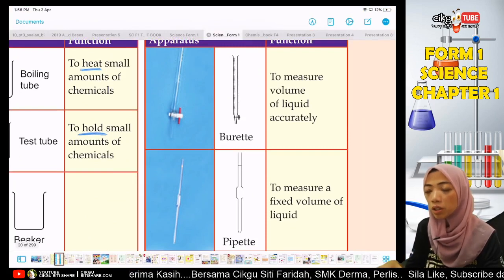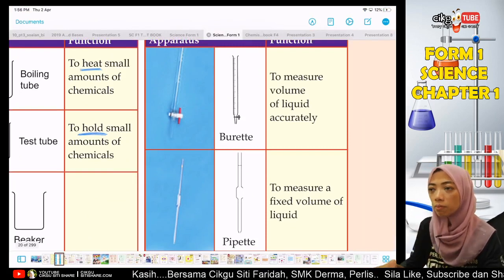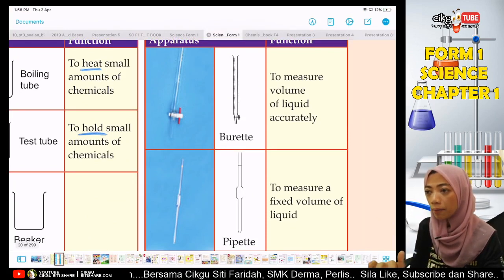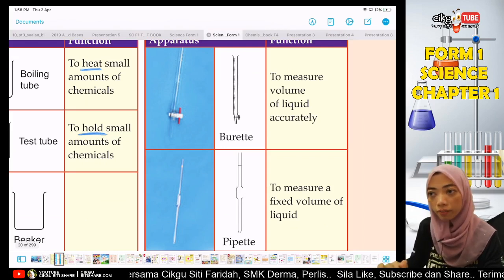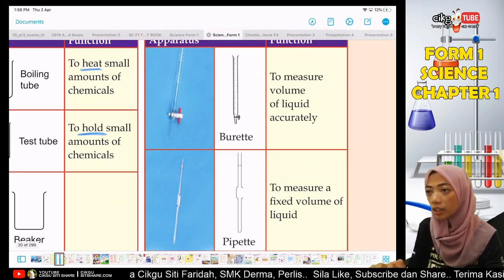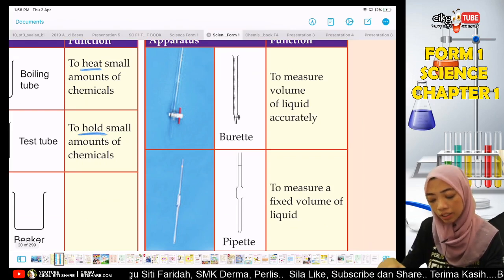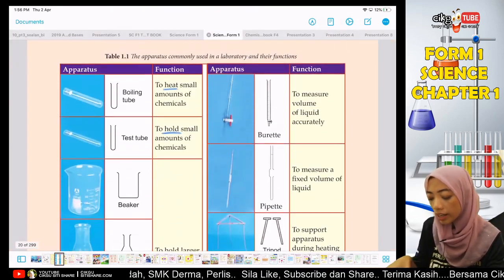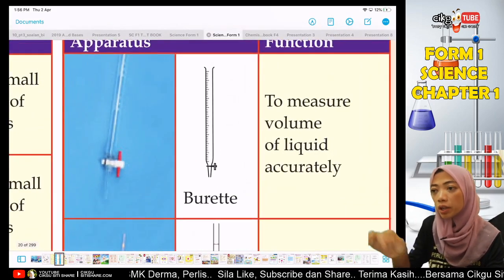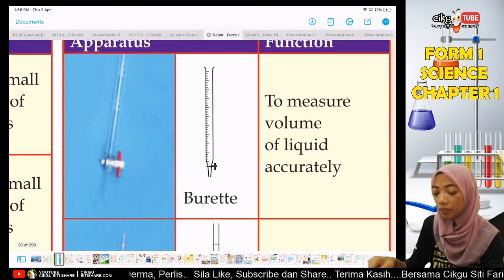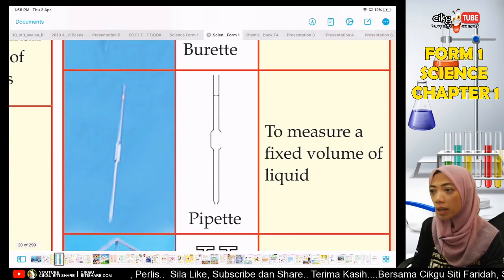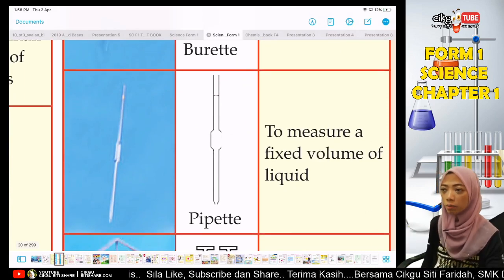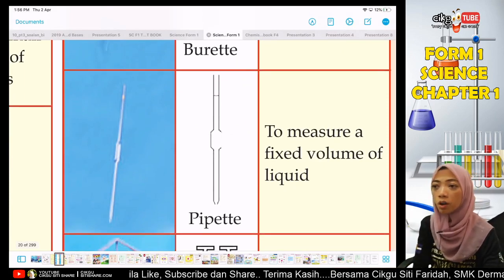The difference between these three apparatus is pipette is most accurate, followed by burette, which is more accurate than measuring cylinder. Pipette is most accurate because it measures a fixed volume of liquid.